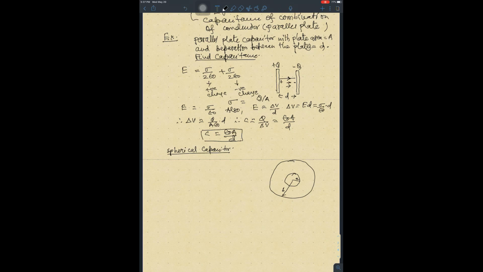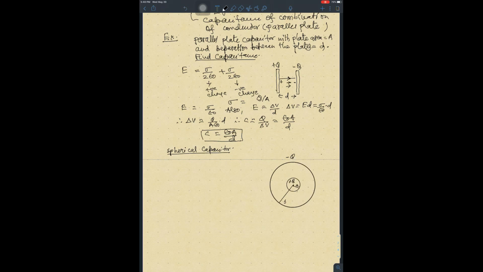Now first step, what we have to do? We have to give a charge to the two conductors, with positive charge equally distributed on the inner surface and negative charge equally distributed on the outer surface.